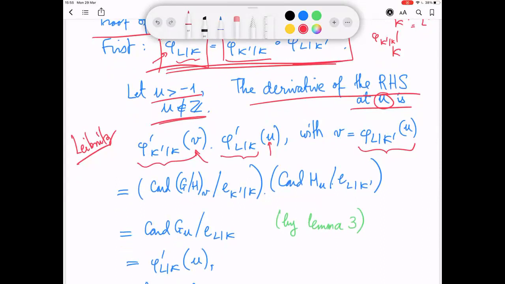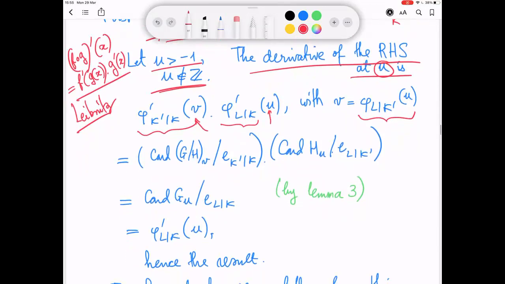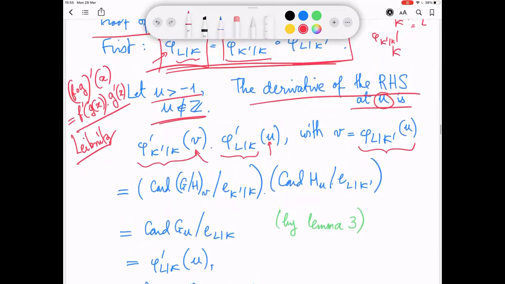So if I have f of g of x, let me put it this way: (f∘g)' at x is going to be f'(g(x)) times g'(x), right? I hope this is correct. Okay, so that's what I've written.